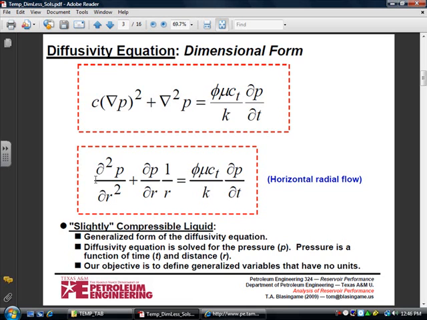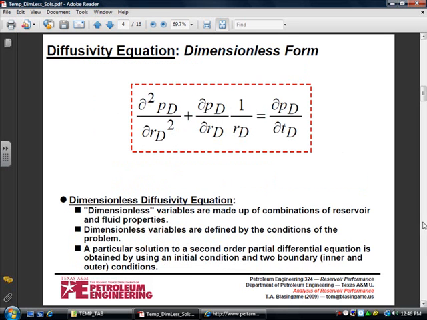To make things easier, we were converting the parameters in the diffusivity equation into dimensionless parameters. When you do that, you end up with the dimensionless form. So now you have the dimensionless pressure, which is in terms of the dimensionless radius, if you have a radial flow system, or in terms of dimensionless time.